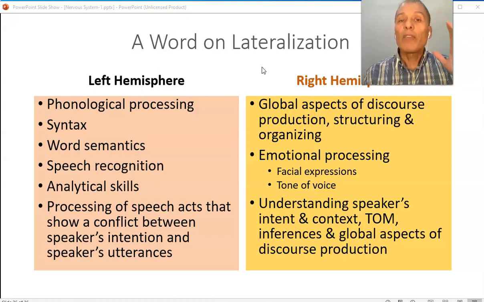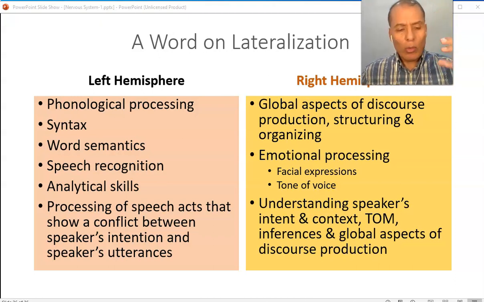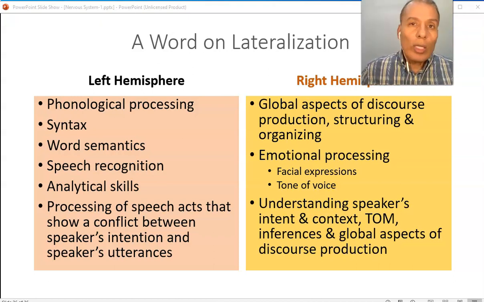All of this is in the left hemisphere, basics. But the left hemisphere is literal. Like if you say, he kicked the bucket, the left hemisphere goes, oh, a person had a bucket and kicked that bucket. That's it. It has nothing to do with anything else.